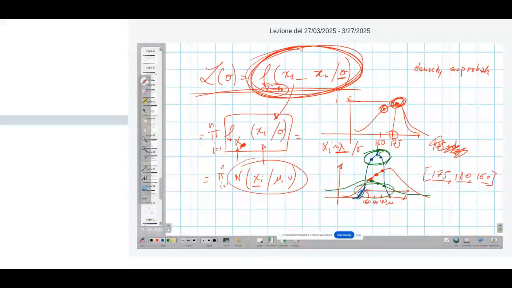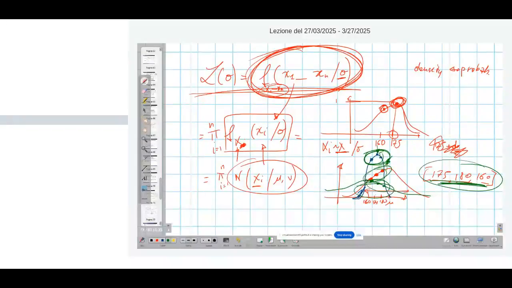With the blue density, there is a higher chance of observing these values than with the red. And with the red, there is a higher chance to observe these values than if we had them generated by the green density. For the green density, the likelihood of those values is lower.